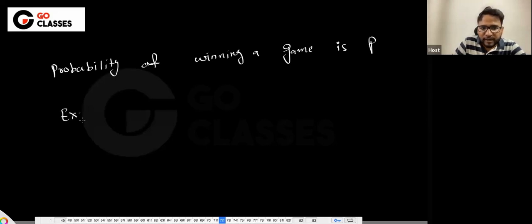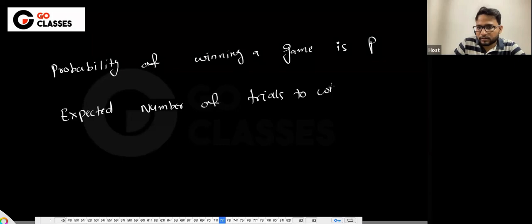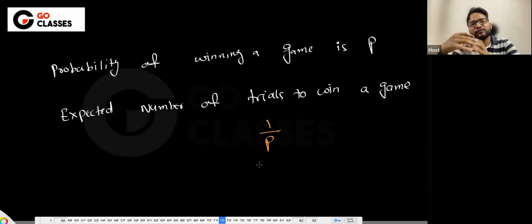Then what is the expected number of trials to win at least one game? So if earlier 1/6 was the probability and the expected number of trials we got was 6, basically it is 1/p. We will prove it for the next example, but it is a very common pattern.